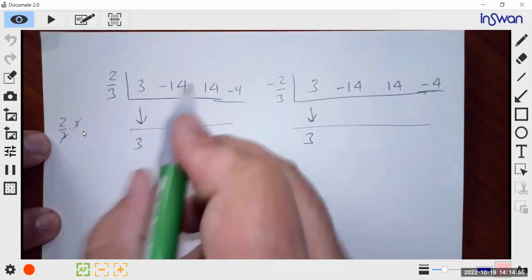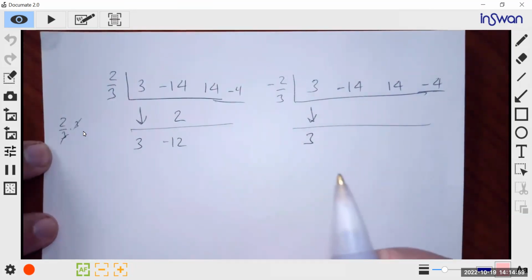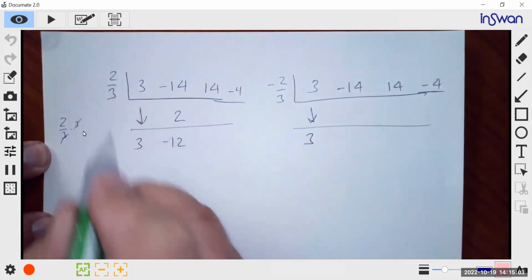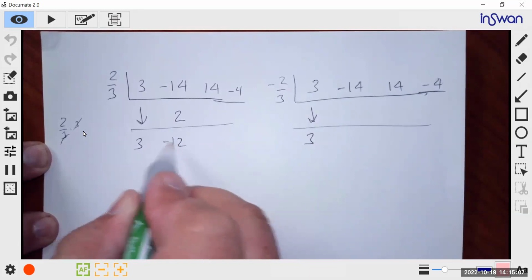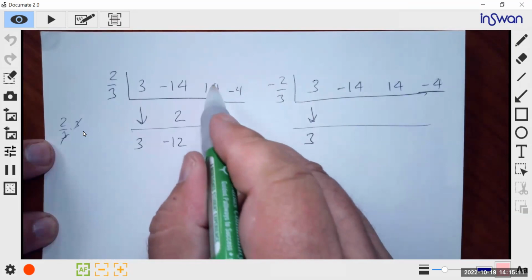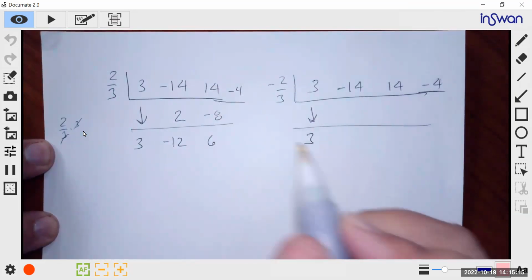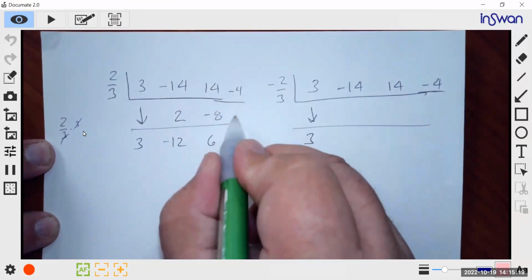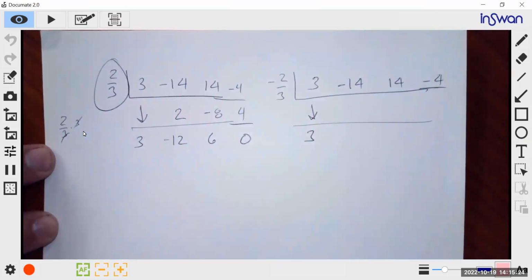So I have 2. Negative 14 plus 2 is negative 12. Negative 12 times 2/3. 3 goes into 12 4 times. Negative 4 times 2 is negative 8. 14 minus 8 is 6. 6 divided by 3 is 2. 2 times 2 is 4. 0. Yes, there's our first answer.